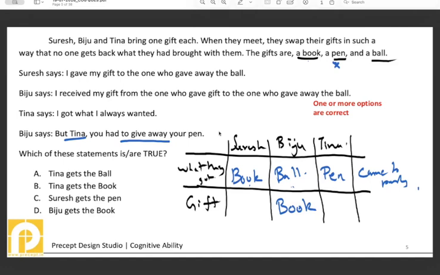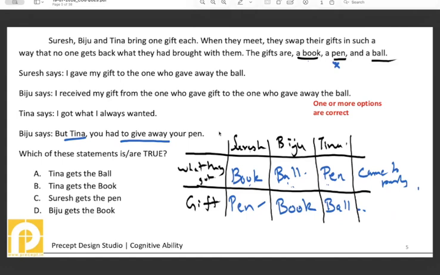And Tina also has to give away the pen. Now, in this case, only one possibility is possible because we know that Suresh gave away the book to Biju. Tina would have received the ball because she cannot keep the same pen with her. And Suresh would have received the pen here. This is the gift they got. So it satisfies all the conditions.